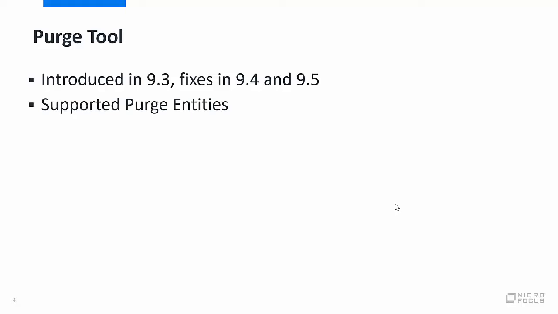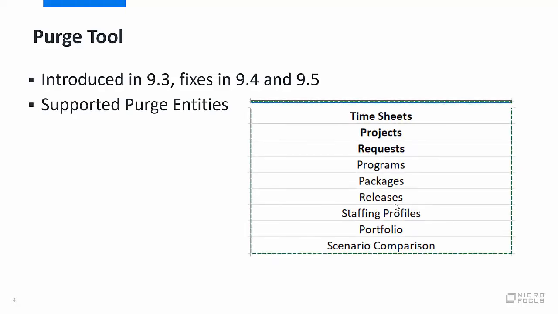For purging, here is the list of entities that it currently supports. You can purge timesheets, projects, requests, programs, packages, releases, staffing profiles, portfolios, and scenario comparison. Since most of the time timesheets, projects and requests are all interrelated entities, it's always advisable to select all the data which is relevant to each other and purge it in one go.